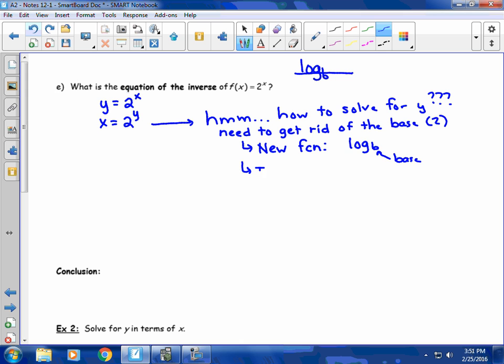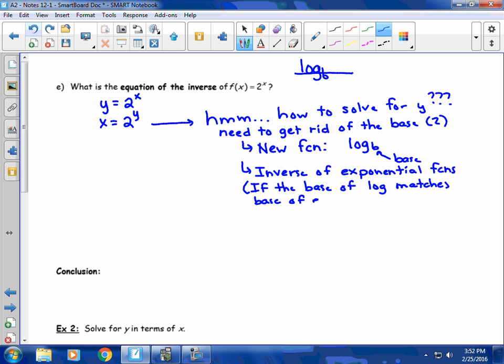And like I already told you, the inverse of exponential functions are logs. And the big idea is if the base of the log matches the base of the exponent, they cancel out.